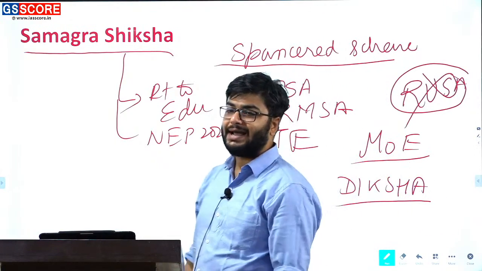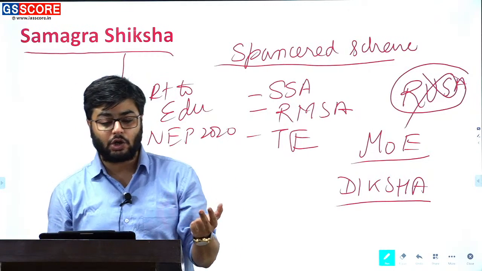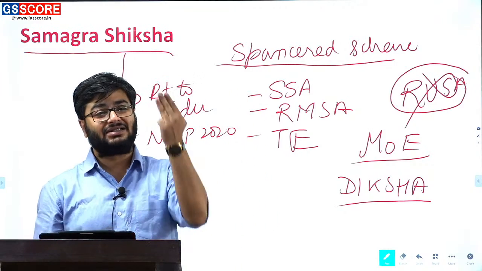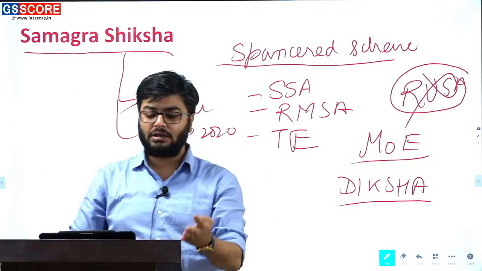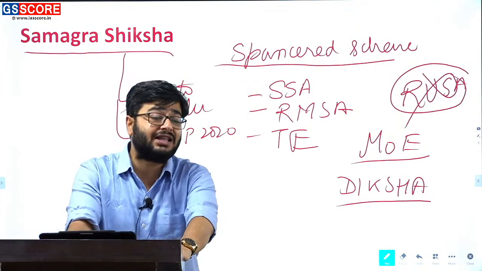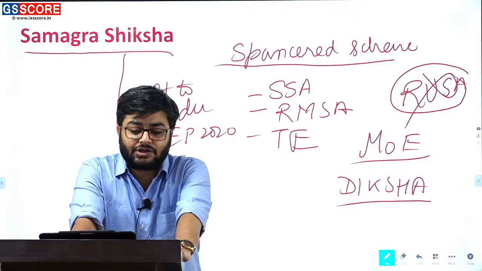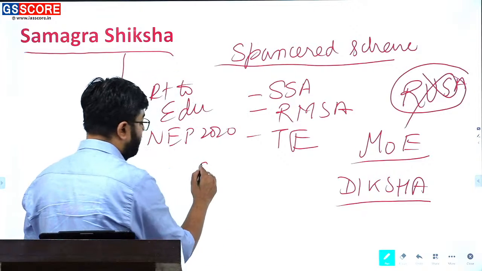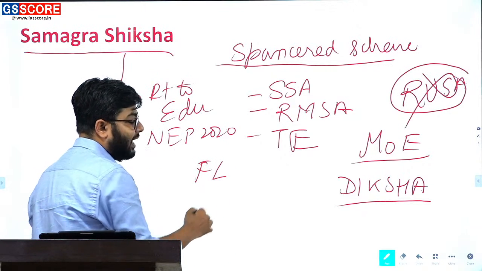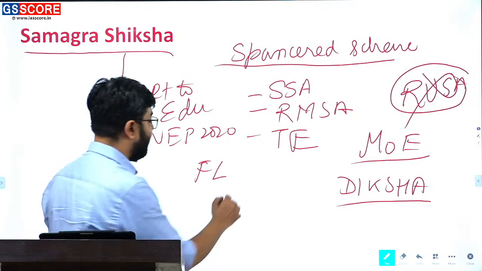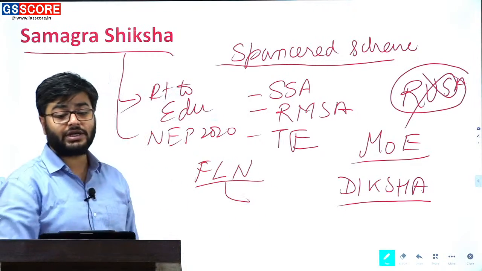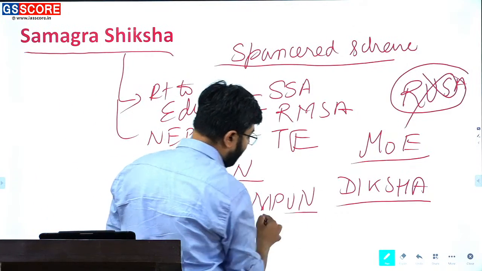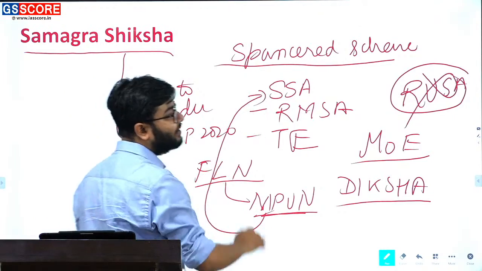It is about infrastructure, digital solution, okay? It is about children with special needs, gender inclusion, because we are looking at the women. So you have Kasturba Gandhi Balika Vidyalayas, teachers training, and focus on the foundational literacy and numeracy skills, FLN, which is also seen under the Nipun Bharat.